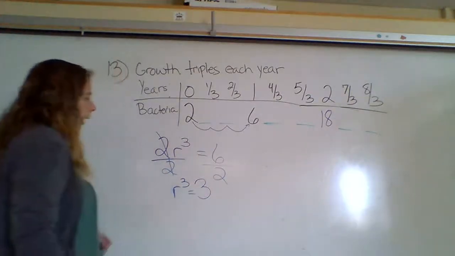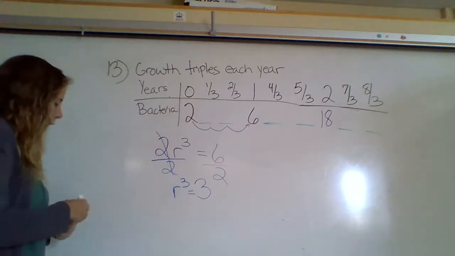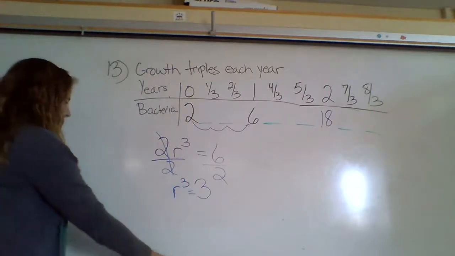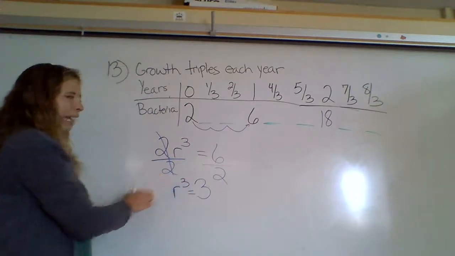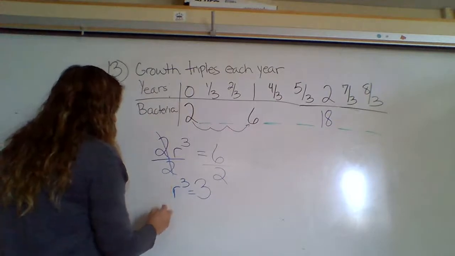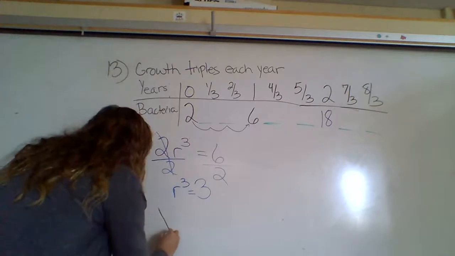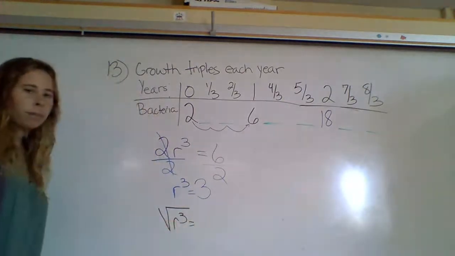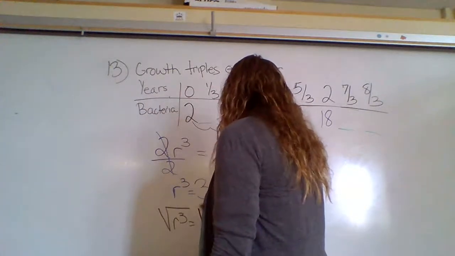Okay, but you're not done. R cubed is 3, but we want to figure out what regular R is. So, whatever this number is, you're going to take that root of both sides. I'm going to take the cubed root of R cubed, and I'm going to take the cubed root of 3.